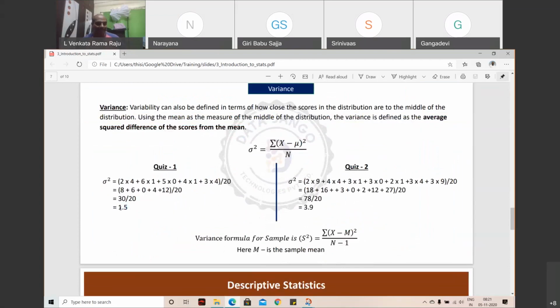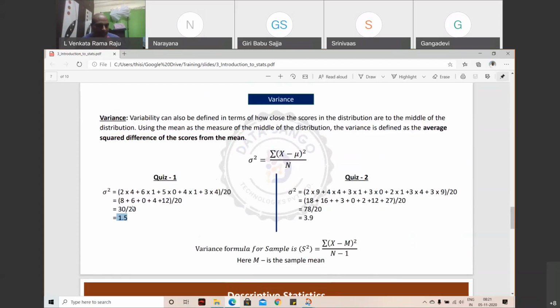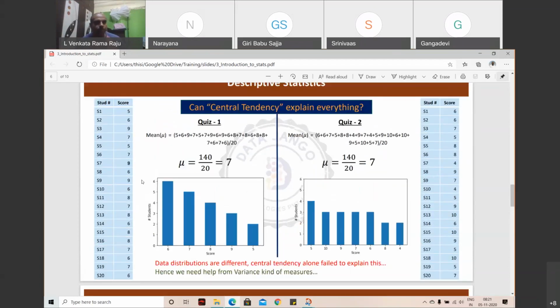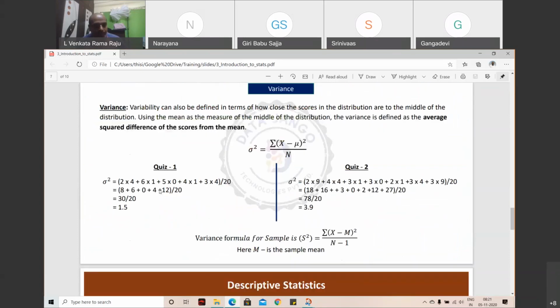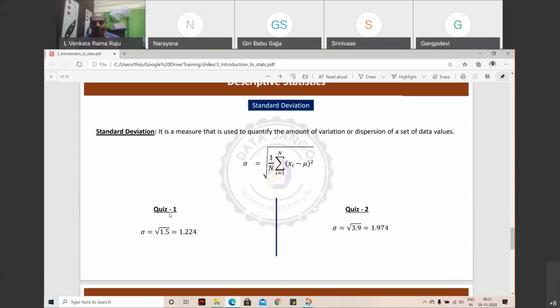Okay, so you cannot say that on an average each data point is this far from the mean. I can say square distance, but I cannot say if you pick a data point 9, it is 1.5 on an average from the mean. To say that, we calculate standard deviation. Standard deviation is simple. Applying square root on top of variance is the standard deviation.